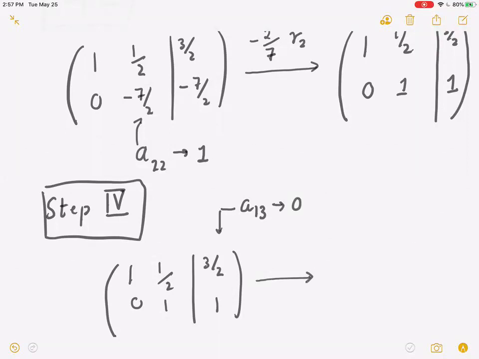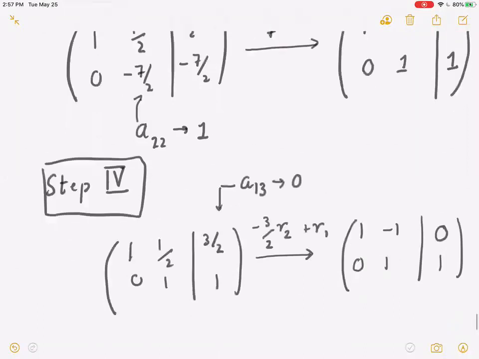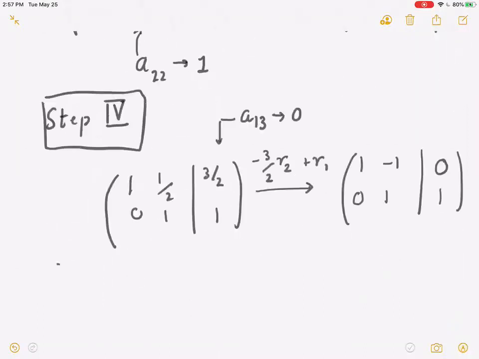So how do I do that? Well, think about it. If you take a Xerox copy of row 2 and you multiply it by -3/2 and then add that to row 1, you should check the arithmetic, but you'll get 1 - 1, 0. You will have turned the 1, 3 matrix element into 0. And row 2, nothing happens to it. It's left unaltered.